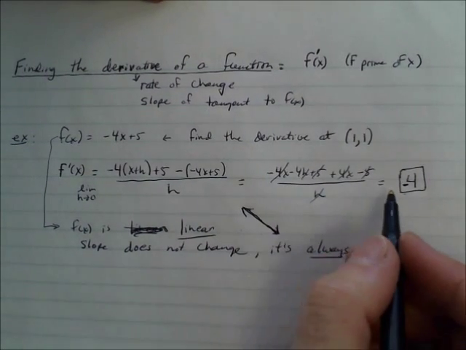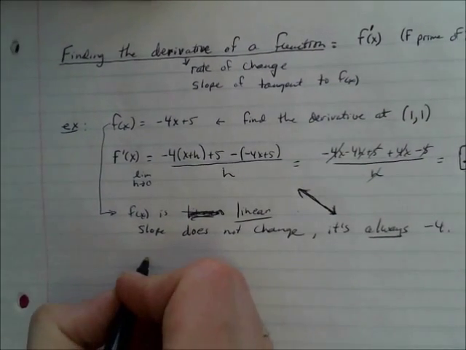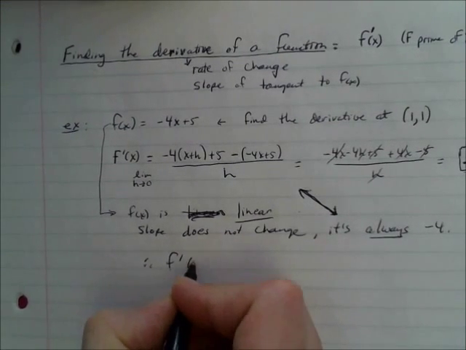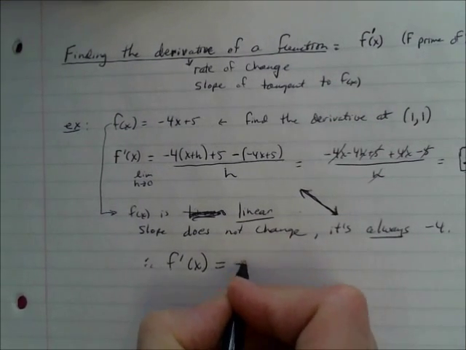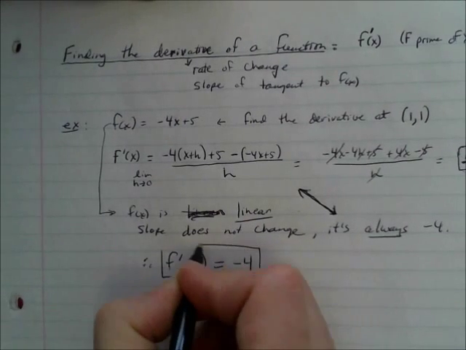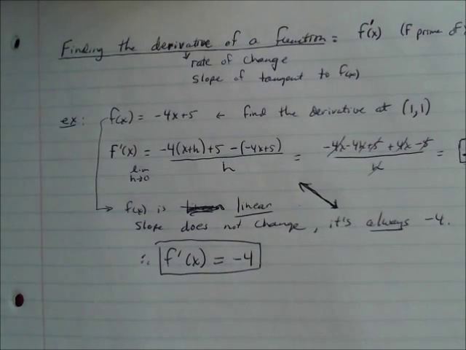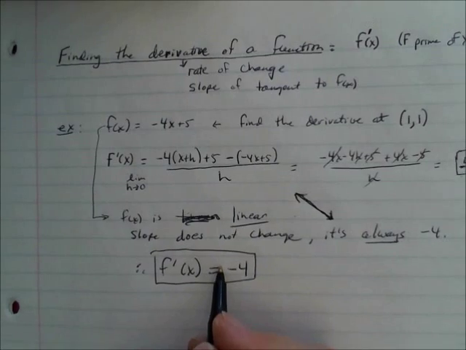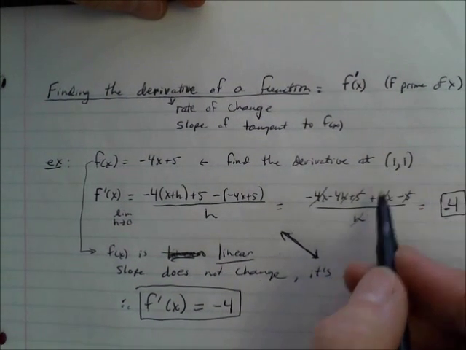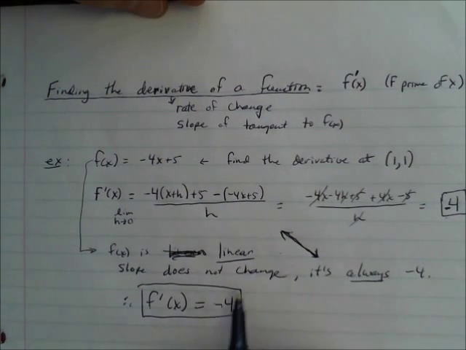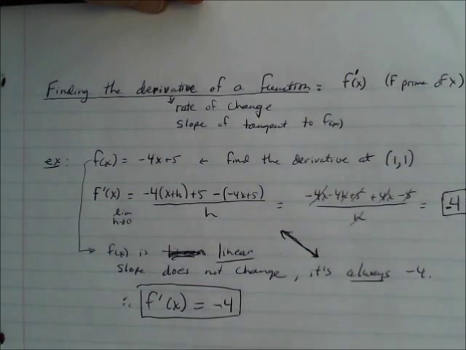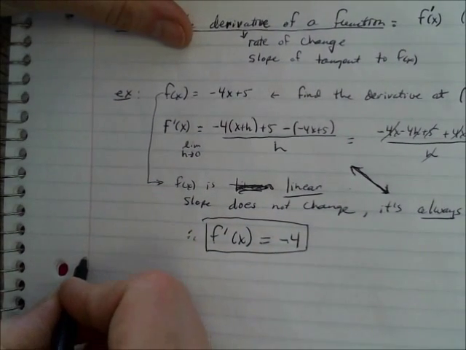So that means the derivative f prime of x is equal to negative 4. The derivative of this function is negative 4 no matter what. So if I want to find the derivative at 1, 1, the derivative is negative 4. It doesn't matter what that point was in the beginning. So that's the simplest case.